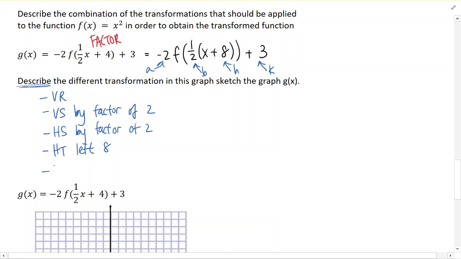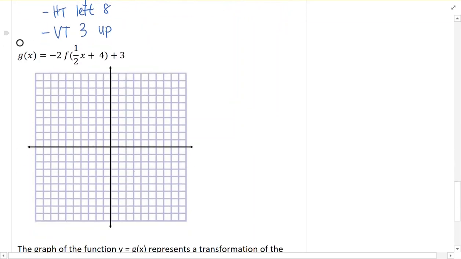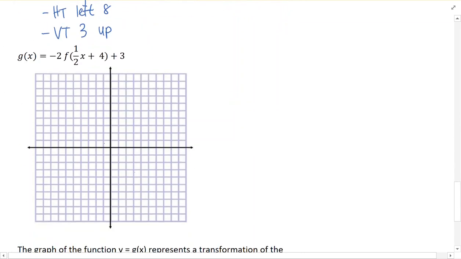And k is a vertical translation, 3 up. So these are the different transformations. We're good. Okay, time to graph this thing. So again, I'm just going to graph that base function. I think we're graphing a parabola for the third time.